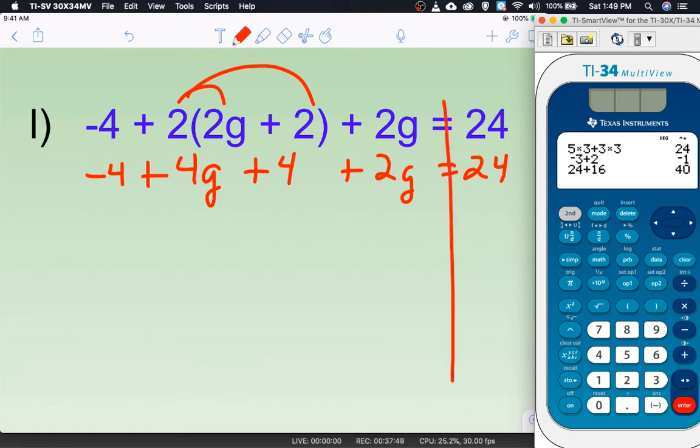Now, I'm going to combine like terms on each side. So on the left-hand side, I see I've got a 4g and a 2g that can be combined together. 4g and 2g, they're both positive. That gives me 6 g's.